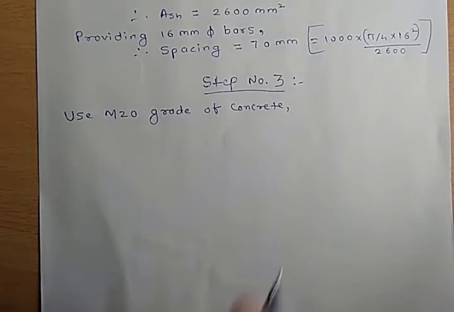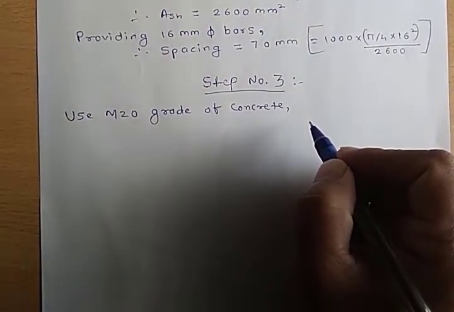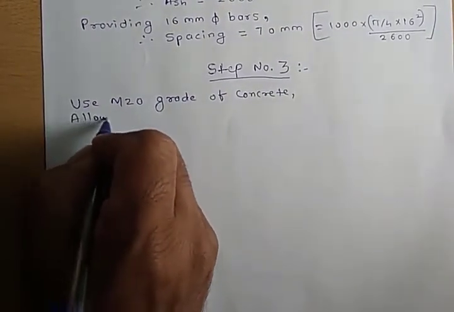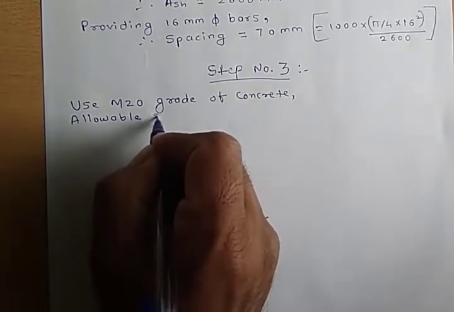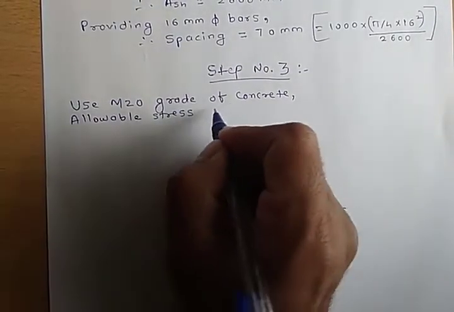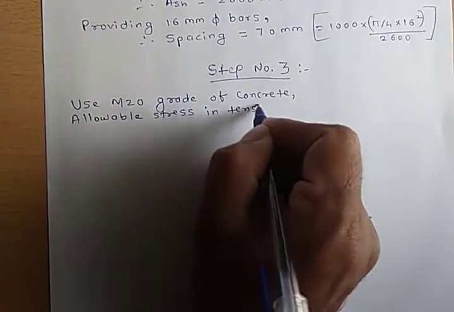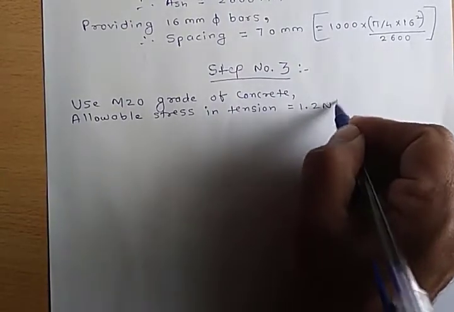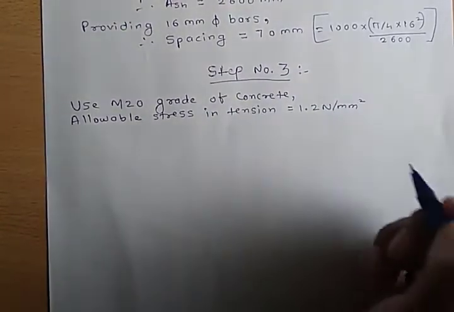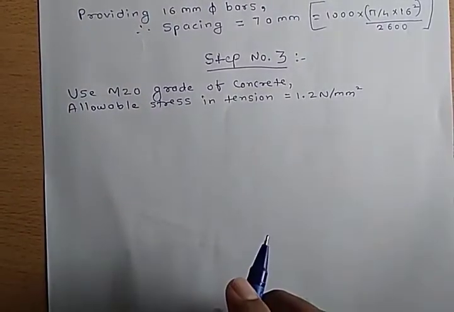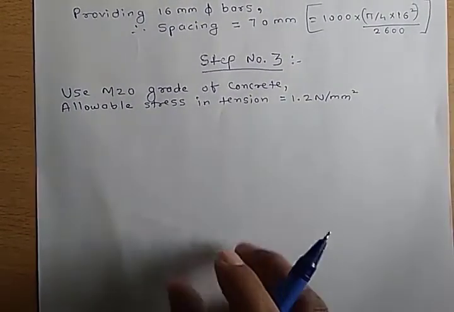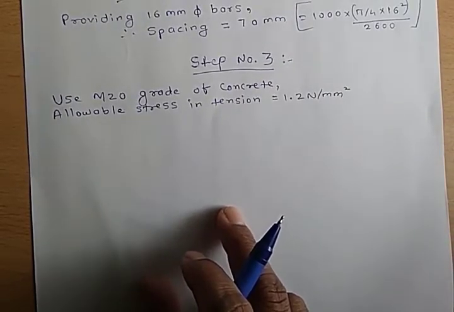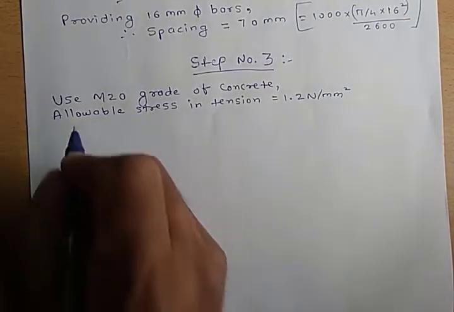For M20 grade of the concrete, we have allowable stress in tension, and that is equal to 1.2 Newton per mm square. If you have gone through my earlier videos, you might understand that there are different tables we have used, and we have mentioned it there.